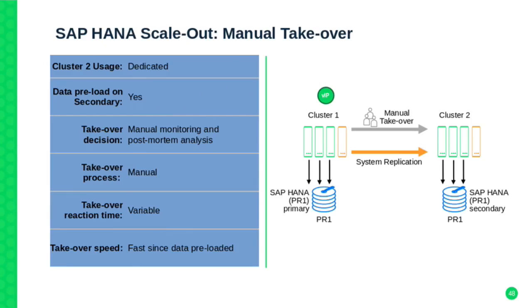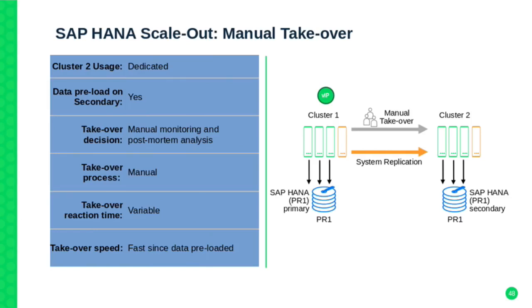Of course, that costs a little bit more because you have a second site running, power is consumed, storage is there, the machines are running. The good thing is you have all of that running, so the takeover speed is relatively fast because the data is already preloaded. But it costs you a little bit more.